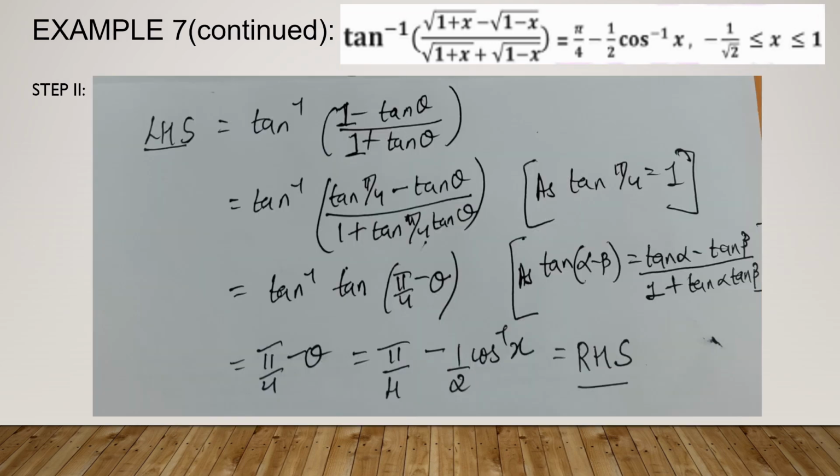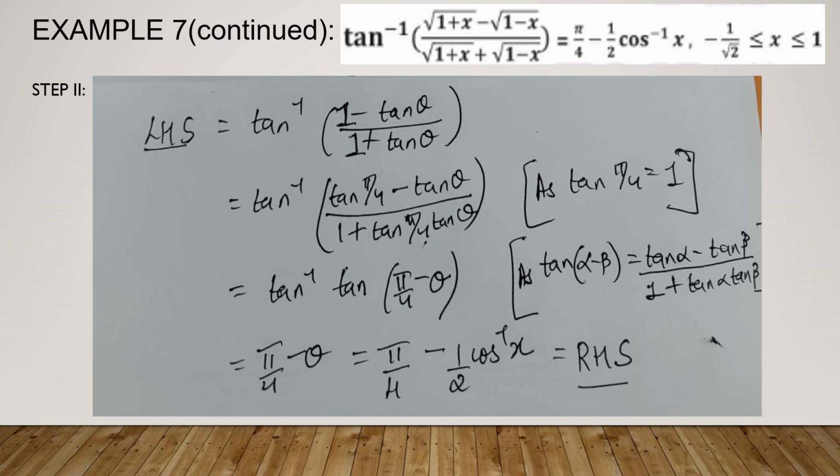Now the second step. By any of the ways you do, you are going to get your left hand side as tan inverse of 1 minus tan theta upon 1 plus tan theta in the simplified form. Now what is 1? You know that tan pi by 4 is 1. So we are going to use the identity tan of alpha minus beta is equal to tan alpha minus tan beta upon 1 plus tan alpha into tan beta. So in the numerator, instead of 1, put tan pi by 4.